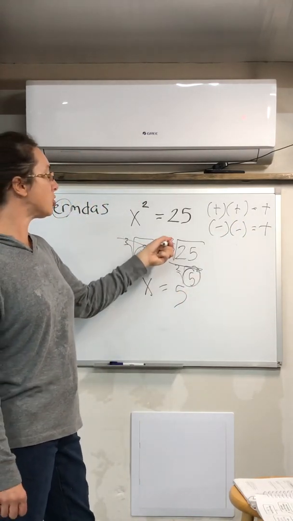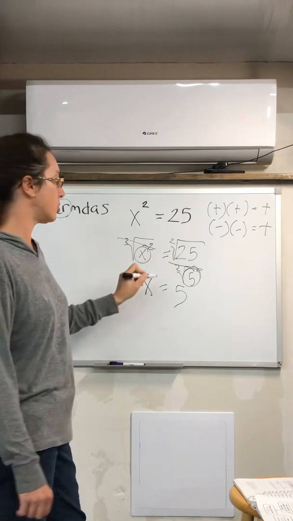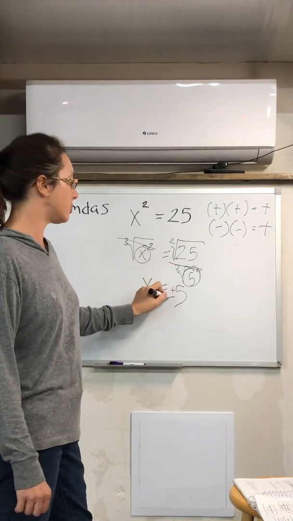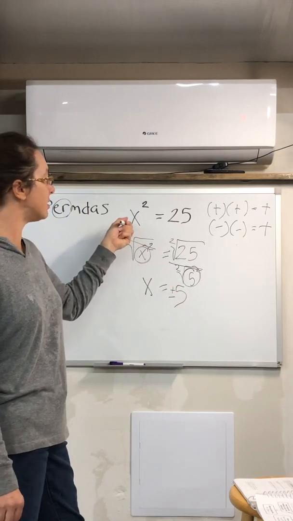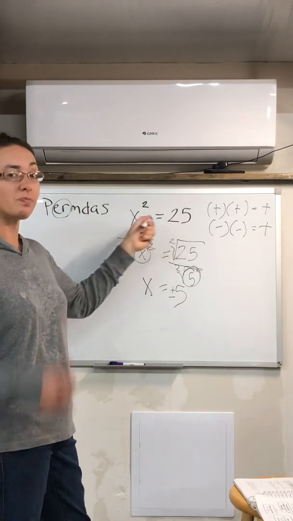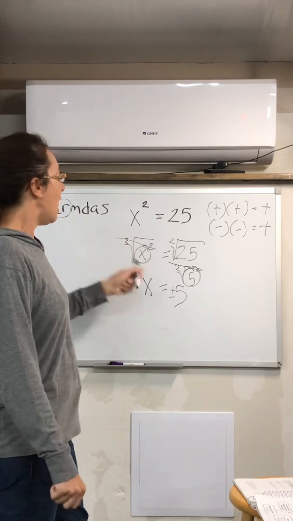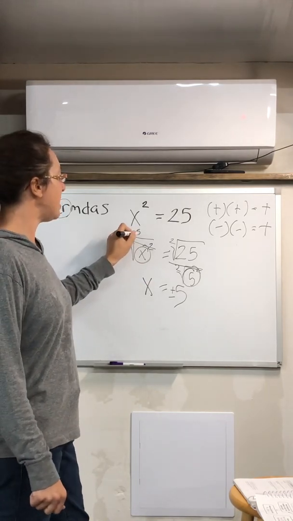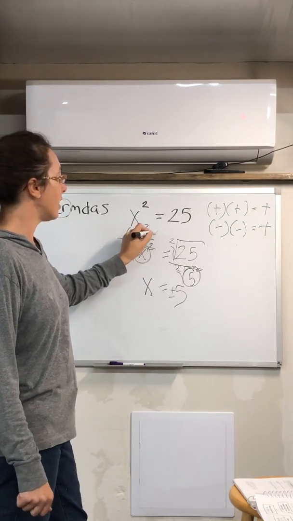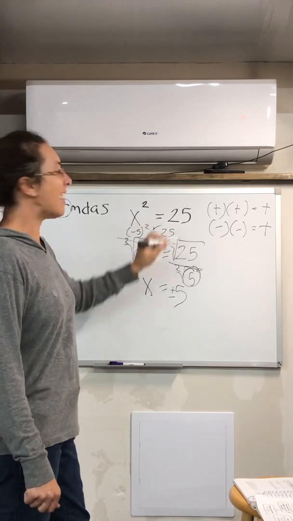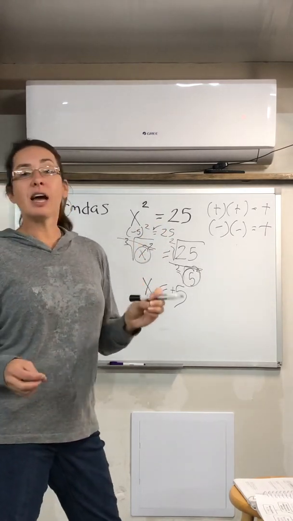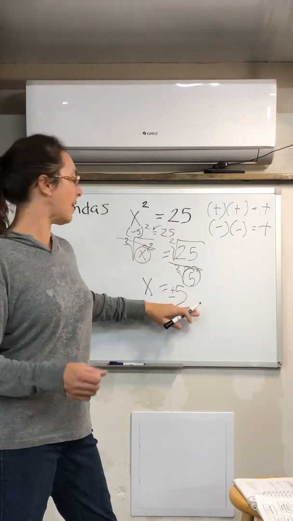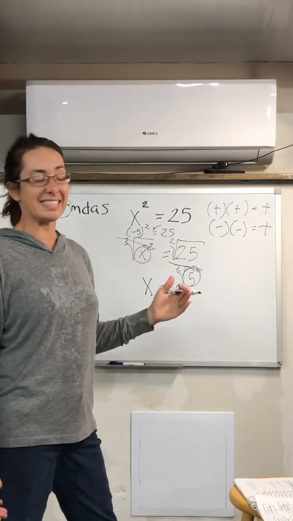So when we solve with a square root, we're going to say plus or minus. Because the answer could be 5. I could go back in here and say 5 squared is 25. That checks out. I could also go back in and say negative 5 squared is 25. That also checks out. Now the thing is, sometimes those answers just don't make sense.